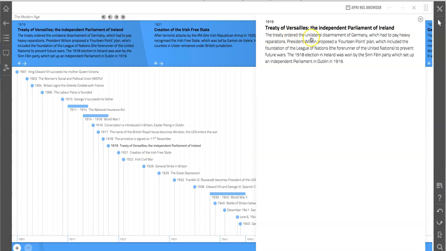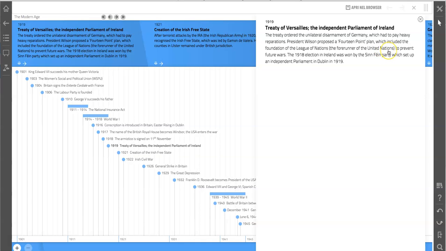The treaty ordered the unilateral disarmament of Germany, which had to pay heavy reparations. President Wilson proposed a 14-point plan, which included the foundation of the League of Nations, which was the forerunner of the United Nations.